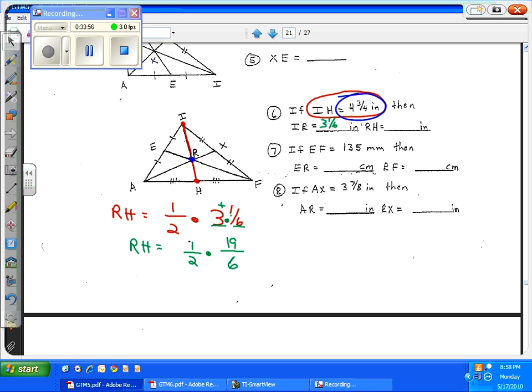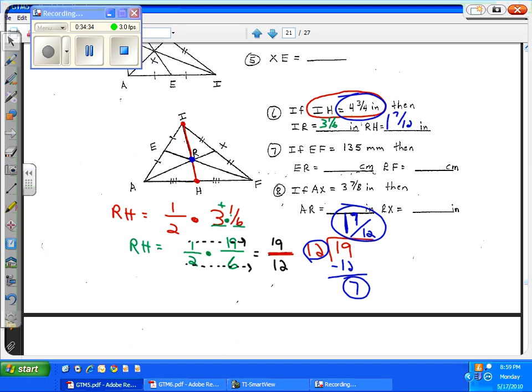We're going to multiply the numbers 19, the numerators, and we multiply the names, denominators, and we get a new name. And then we're going to do what it says. 19 divided by 12. It'll go one time. You get 12, subtract, 7 left over. You put your remainder 7 over your divisor 12. And we have 1 7/12.